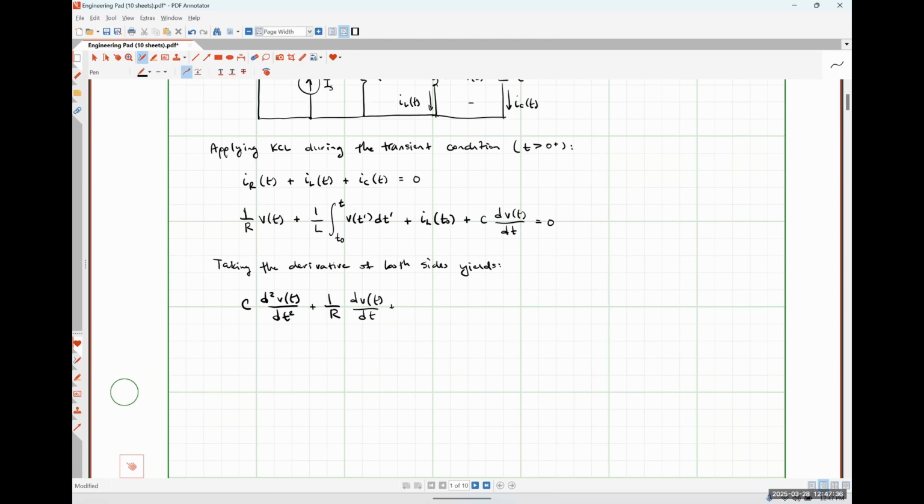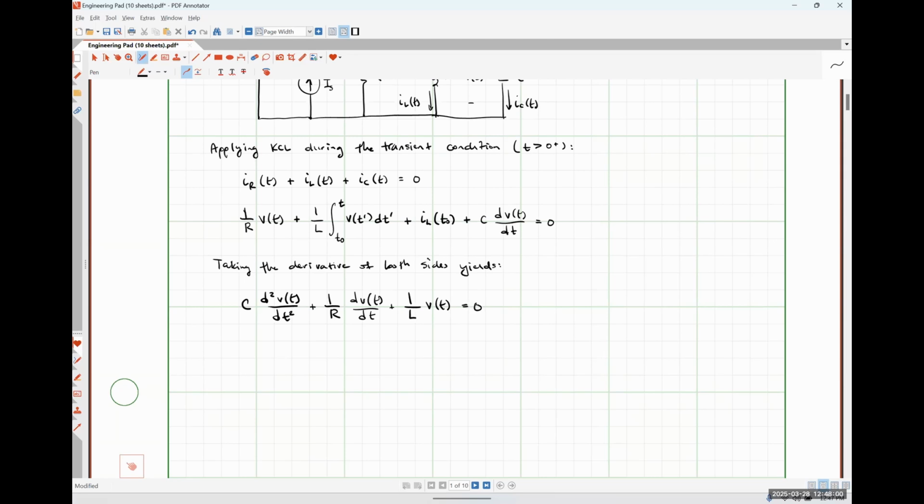What happens when I take the derivative of an integral? They cancel each other out. So I'll have 1 over L times what I like to call my 0th derivative, which is just the original function, V of t. And when I take the derivative of that initial condition on the inductor current, it'll be 0 because that's a constant, right?